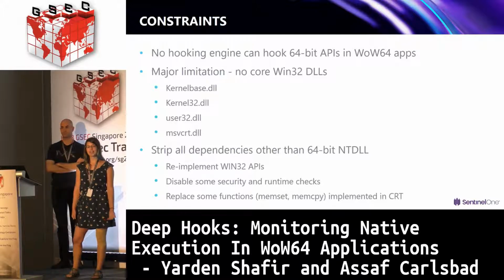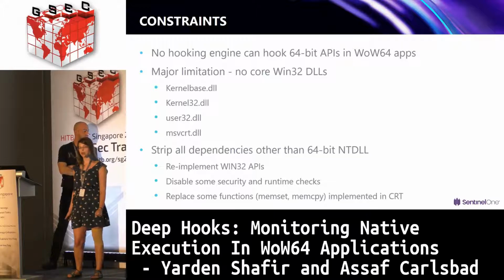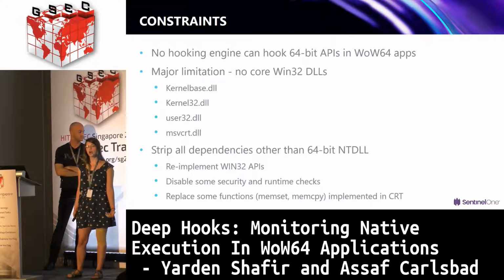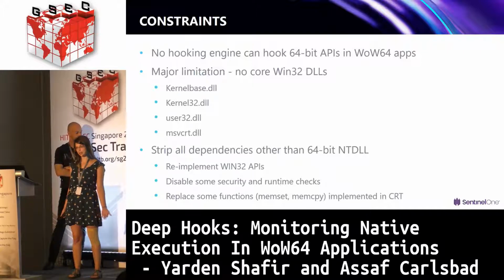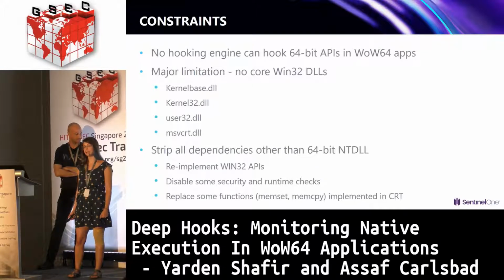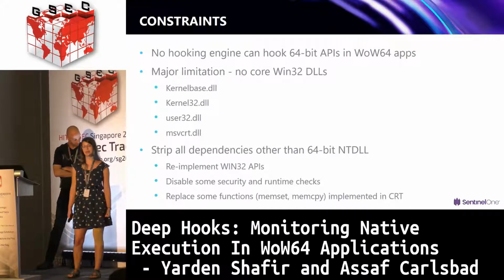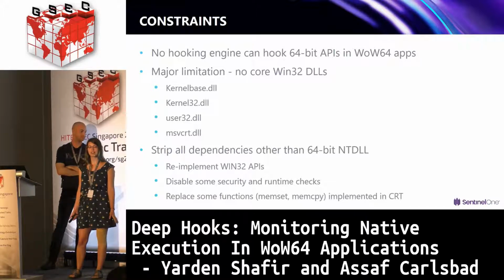So the first thing we had to do when modifying our hooking engine, we chose an existing one to modify, was to get rid of all of these dependencies. Actually, the only DLL we could rely on was the native NTDLL, which we knew was always loaded into WoW64 processes. So we had to get rid of all external dependencies other than the native NTDLL.